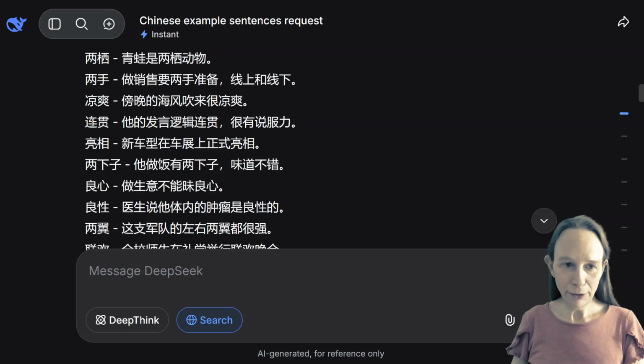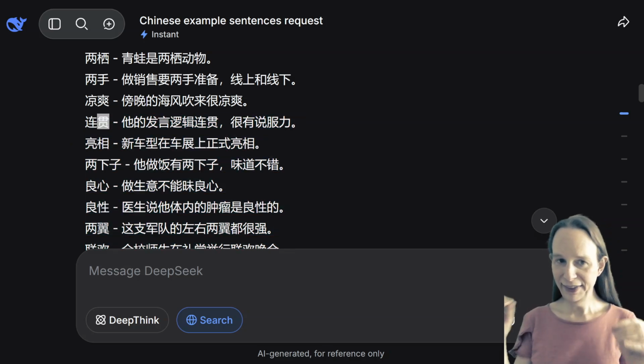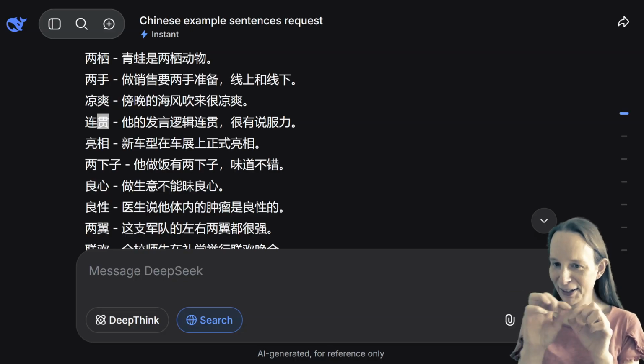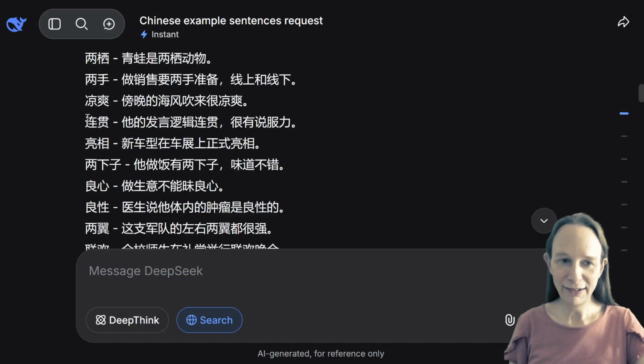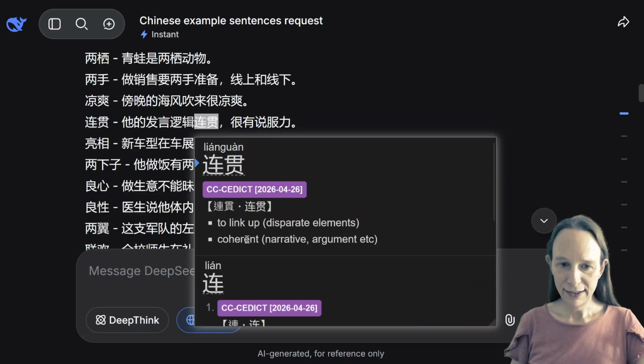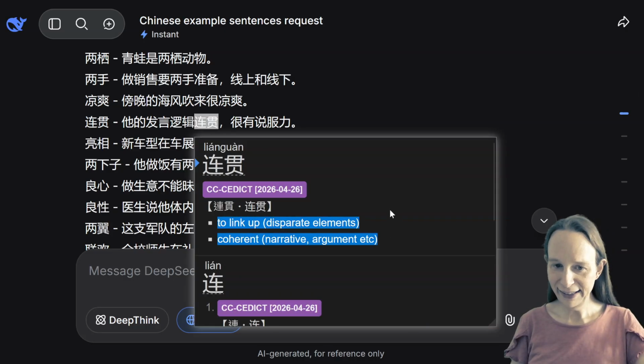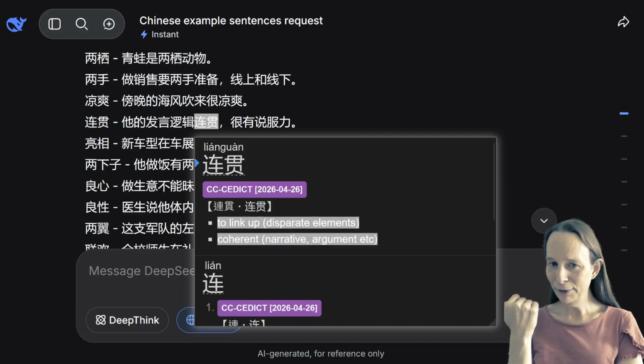Okay, 连贯. So 贯 is used in things that are consistent with respect to time, I believe. So I think 连贯 represents consistency with respect to time, because this is also continuous. 它的发言逻辑连贯，很有说服力，连贯。So, okay, this is coherent of a narrative or argument.